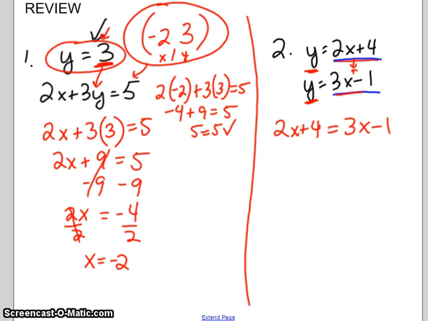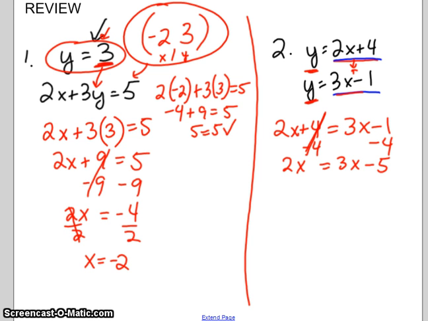Alright, solve for x. Let's subtract 4. It cancels out. We have 2x minus 3x. 2x equals 3x minus 5. Now since we canceled out the number from this side, we have to cancel out the variable over on the right side.